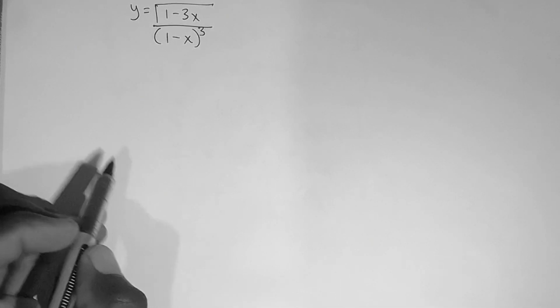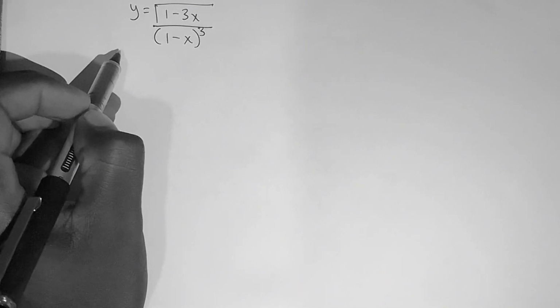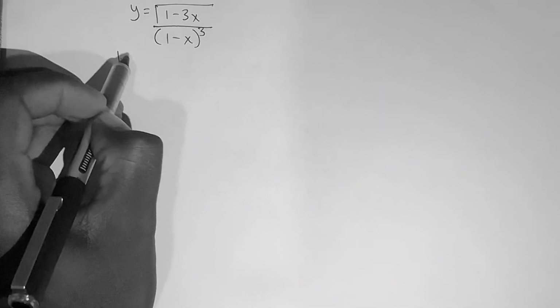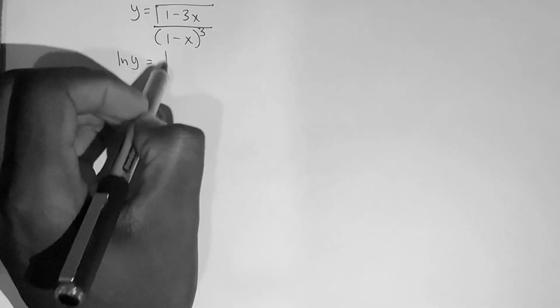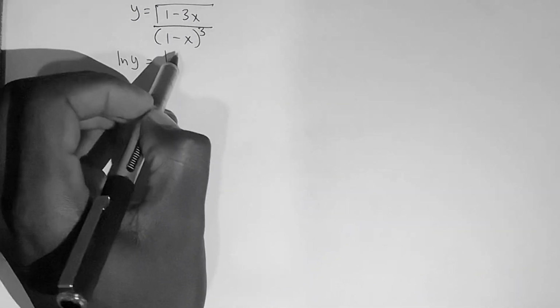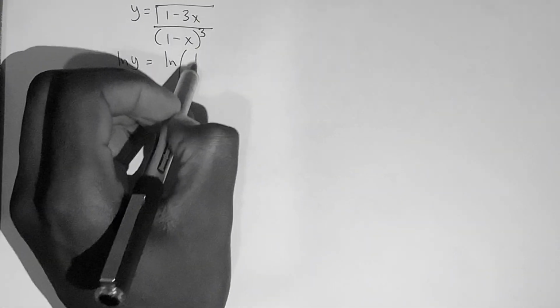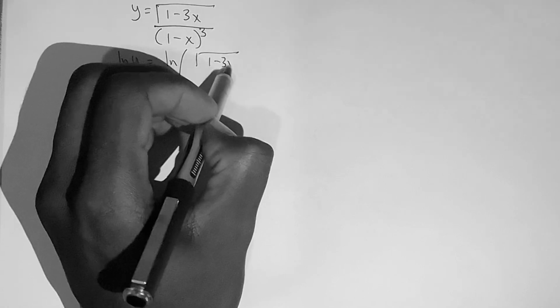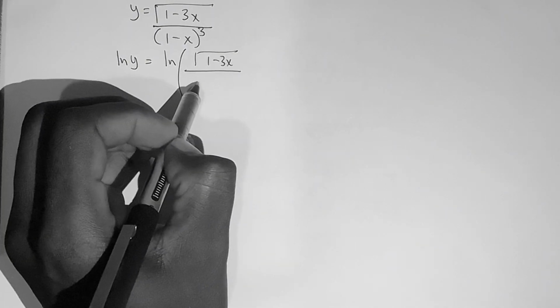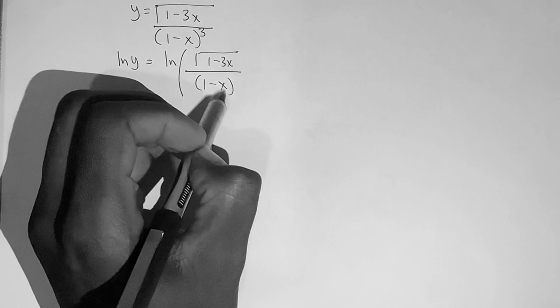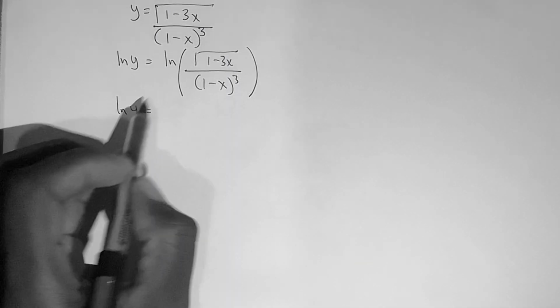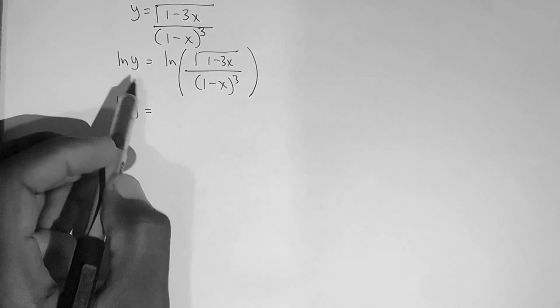then what is y prime? So what we can do is find the natural log of y equals natural log of the square root of 1 minus 3x divided by into bracket 1 minus x exponent 3. So let's apply the principles of logarithms here.